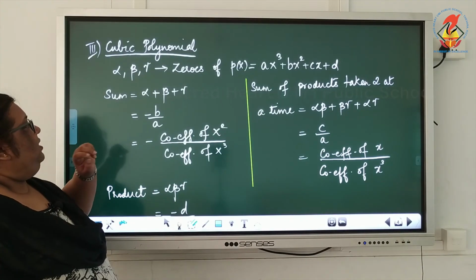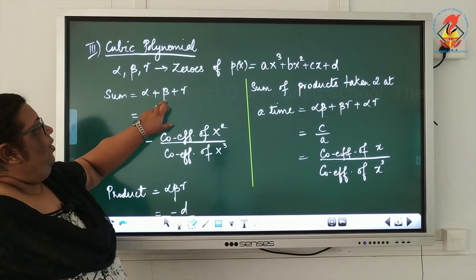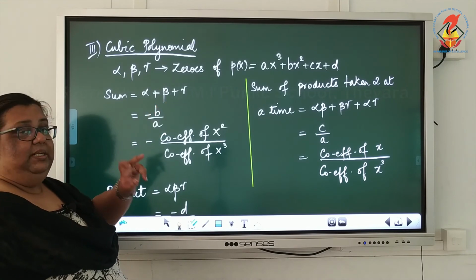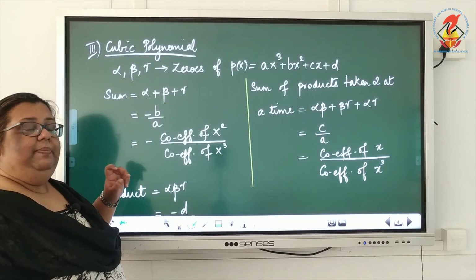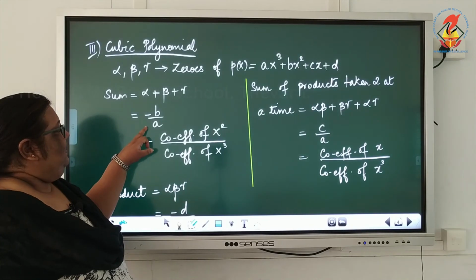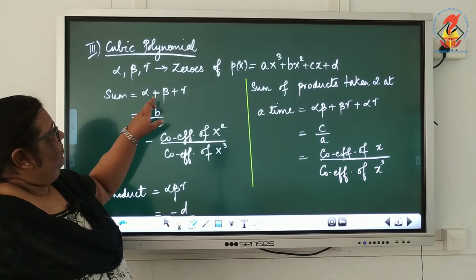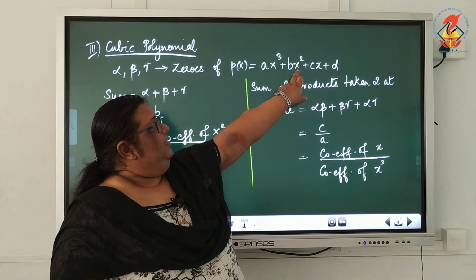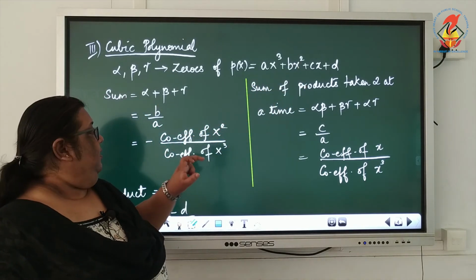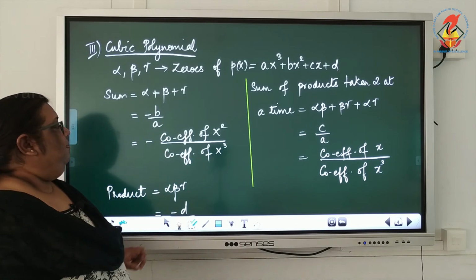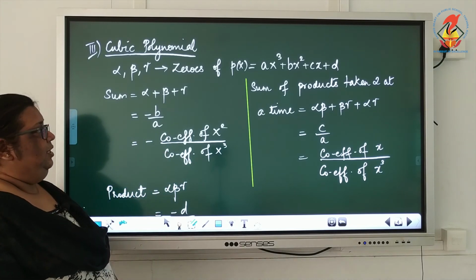Then the sum of the zeros means I should add all the 3 zeros, alpha plus beta plus gamma. This will be equal to minus b by a, which is equal to minus, from the equation, b is the coefficient of x square, so coefficient of x square by coefficient of x cube.